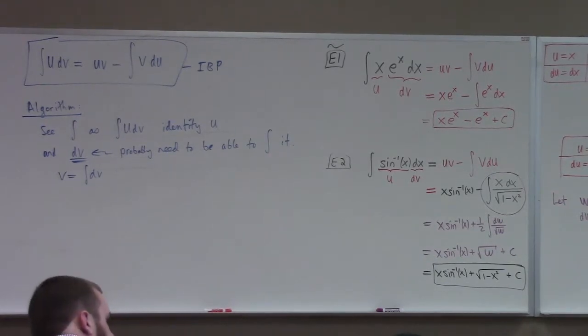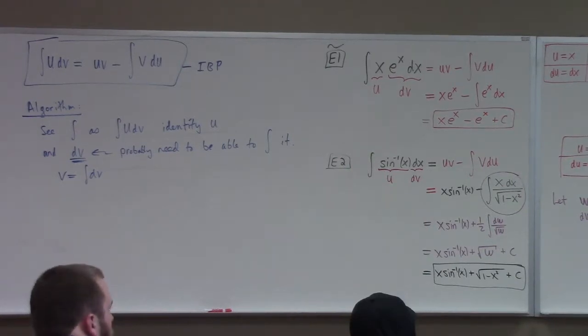Remember that formula we had, 2 sine theta cosine theta is sine 2 theta, right? So if you multiply this by 2 and divide by 2, this is 2 sine theta cosine theta divided by 2, this is actually sine 2 theta over 2. So when you multiply the 2 times 2, you get a 4th. It's the same answer.